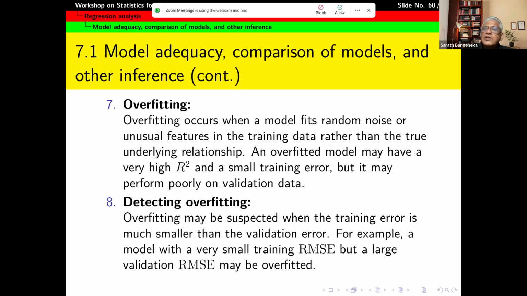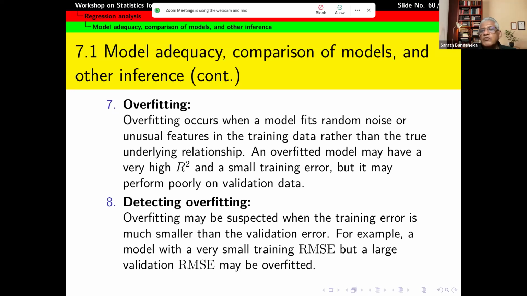So how do you detect whether there is an overfitting problem? Detecting overfitting: overfitting may be suspected when the training error is much smaller than the validation error. The training error for the training dataset may be very, very small, or on the other hand, adjusted R square will be very, very high.